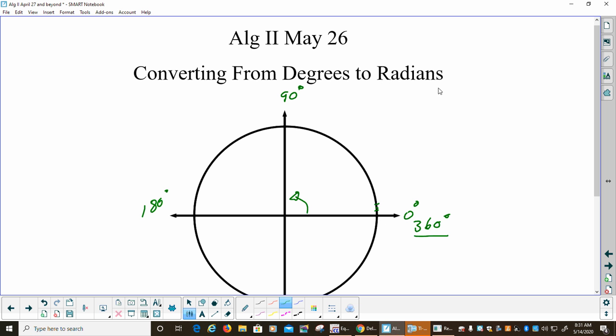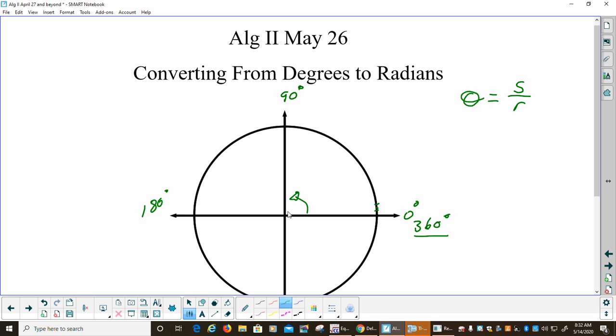Radians is another way to measure an angle. The definition, which you don't need for this assignment, I'm just trying to motivate what a radian is. An angle, this is theta, measured in radians, is determined by its arc length divided by its radius. It seems a little complicated, but it's really not that bad.